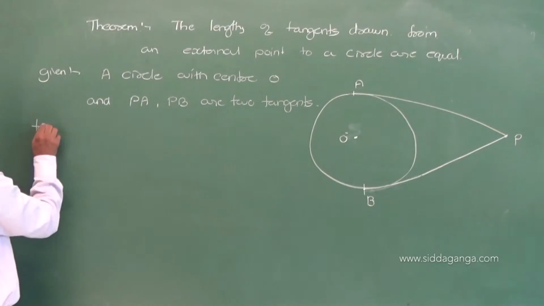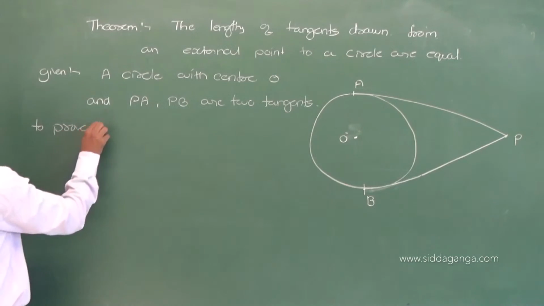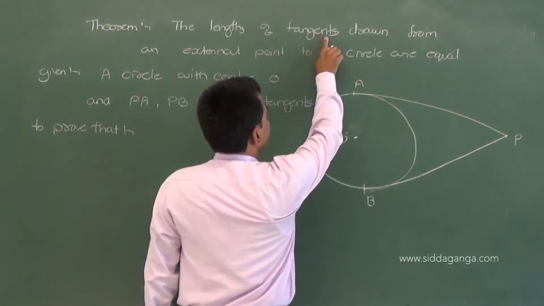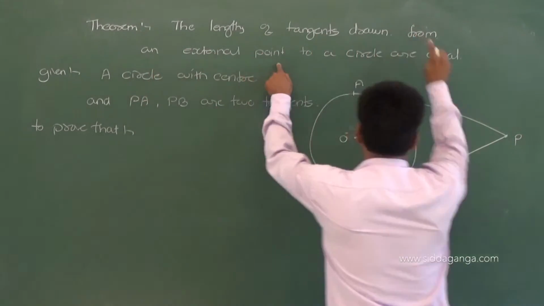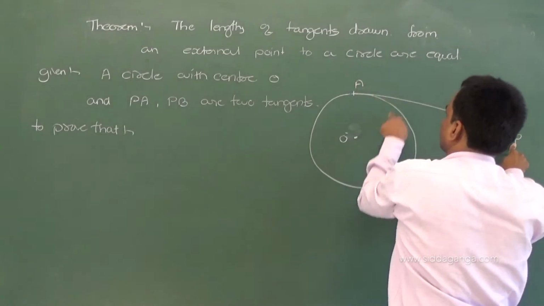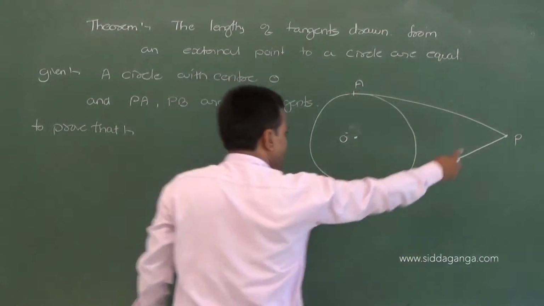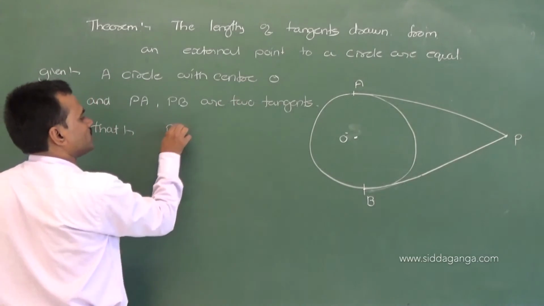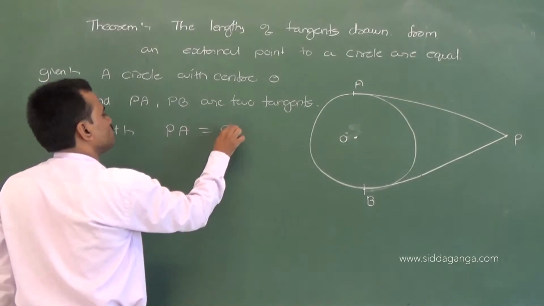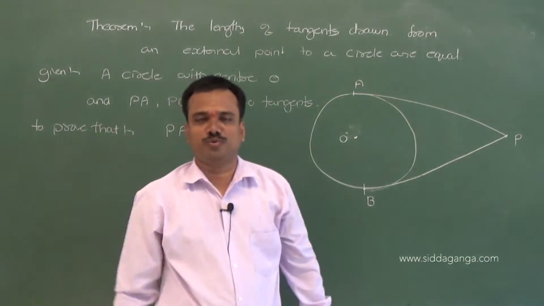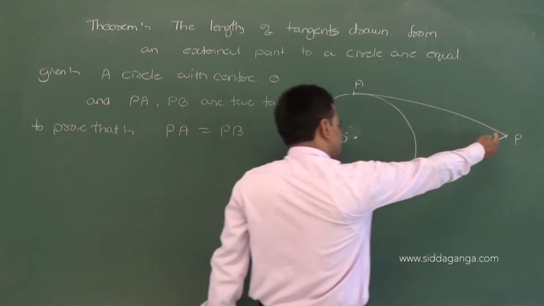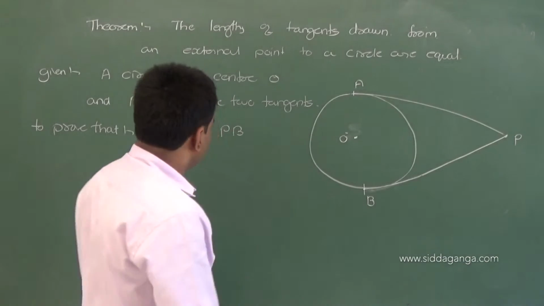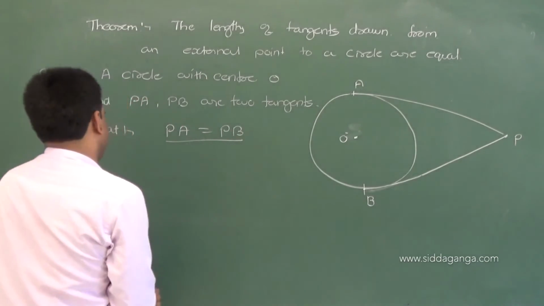To prove that the lengths of the tangents drawn from an external point to a circle are equal. PA and PB are the lengths of tangents. So to prove that, PA is equal to PB. Very important. To prove that the lengths of the tangents from P to A and P to B are equal. PA is equal to PB.